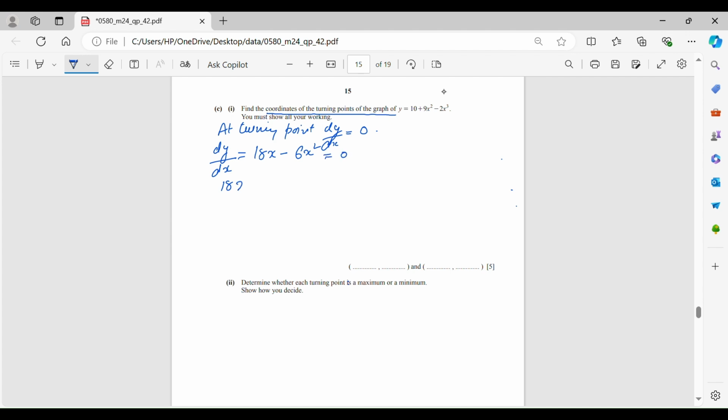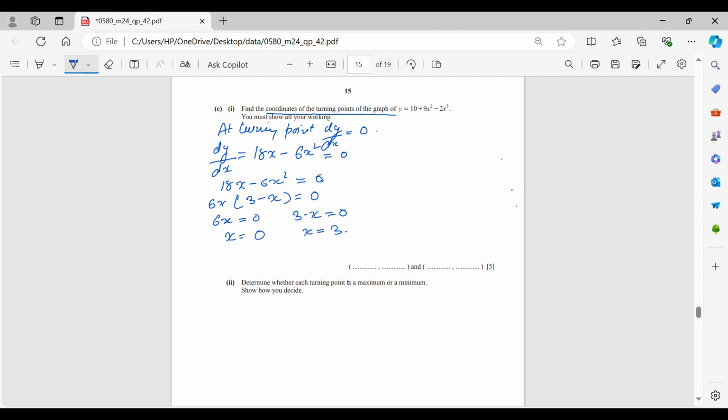Now 18x minus 6x square is equal to 0. We will find the common factor 6x. 6x times 3 minus x will be equal to 0. From here 6x will be equal to 0, and 3 minus x will be equal to 0. So x will be equal to 0. Second is x is equal to 3.